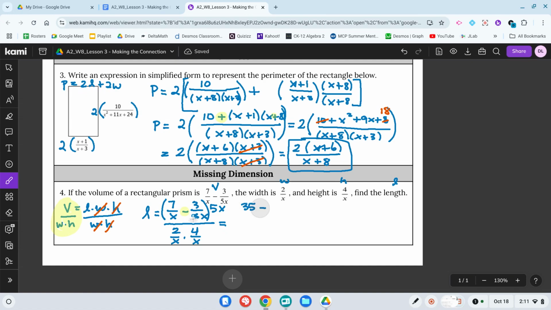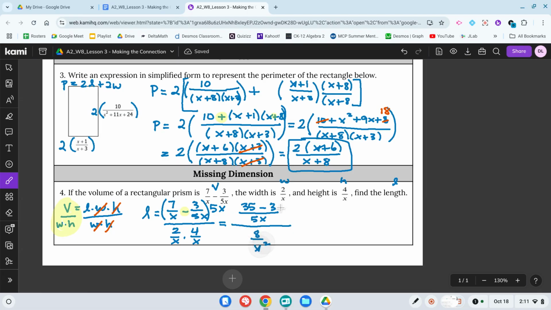Minus, and then the 5x's here will cancel, 3 over 5x times 5x, so I'm left with 3. That is all going to be over 5x because we just created one common denominator. And then we can go ahead and multiply these, so this will be 8 over x squared.